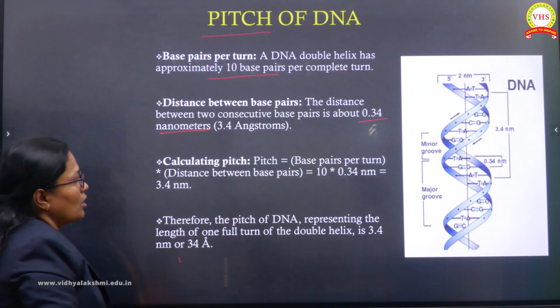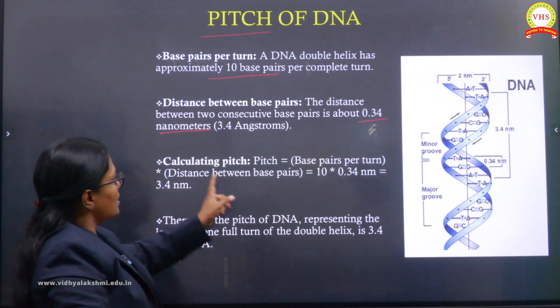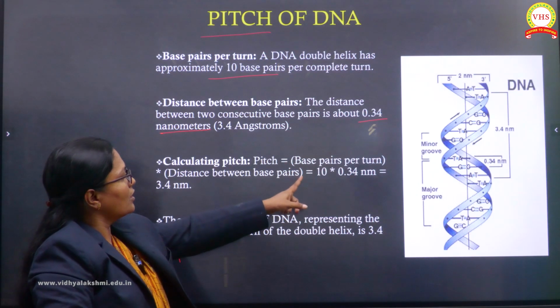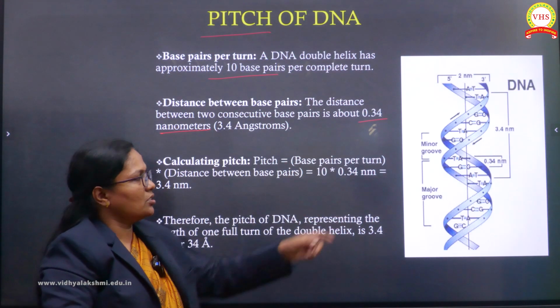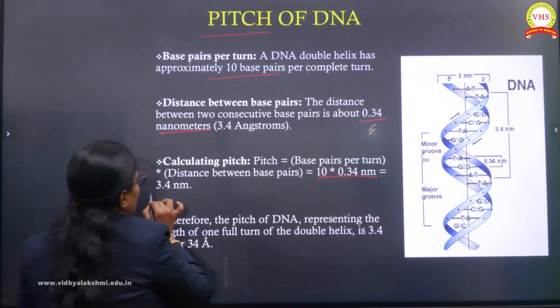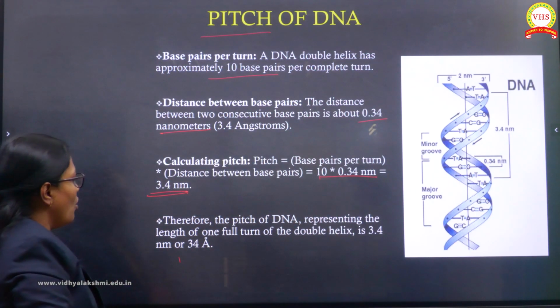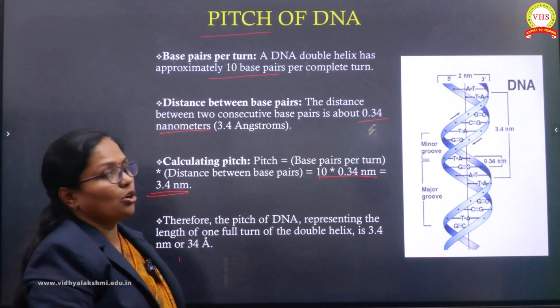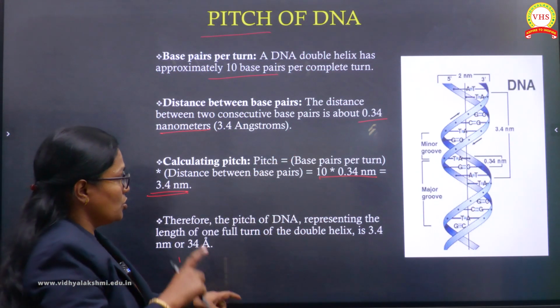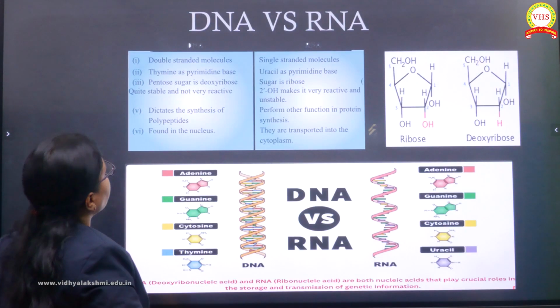Calculating the pitch: 10 base pairs into the distance between base pairs, 0.34 nm, gives 3.4 nm or 34 angstroms as the pitch of the DNA.